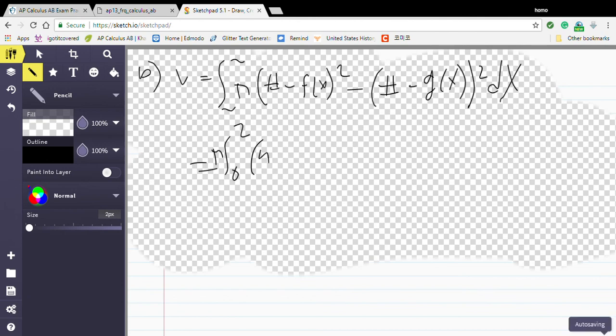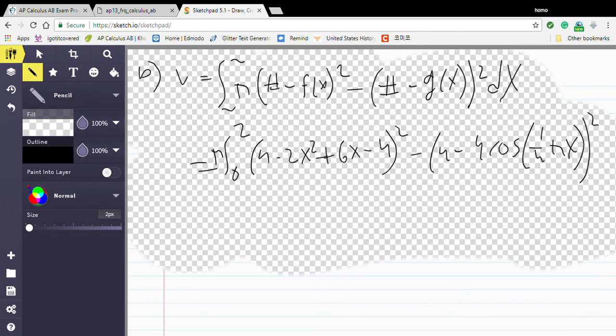So 4 minus 2x squared plus 6x minus 4, whole square, minus 4 minus 4 cosine of 1 over 4 pi x, and don't forget the square, then dx. So this is where we're going to stop because all we have to do is write the integral.